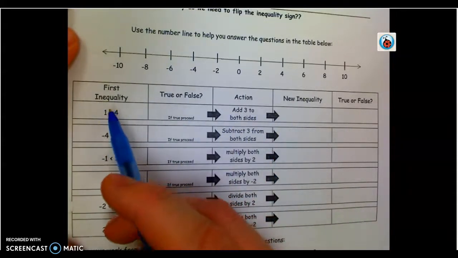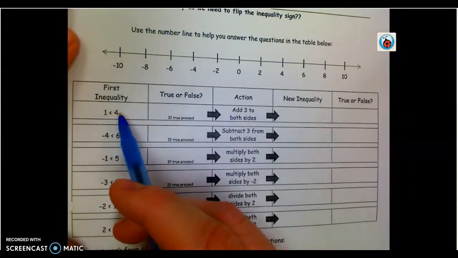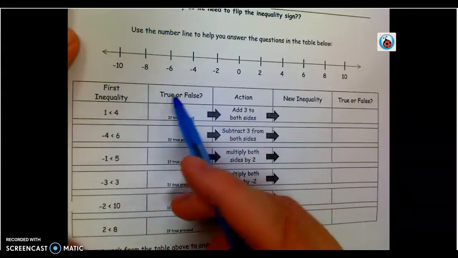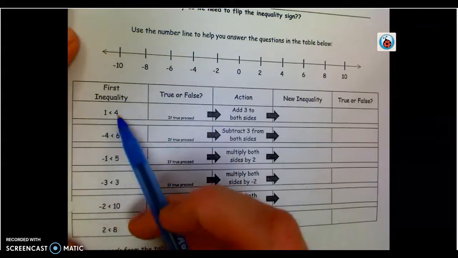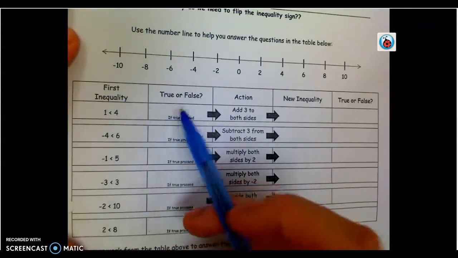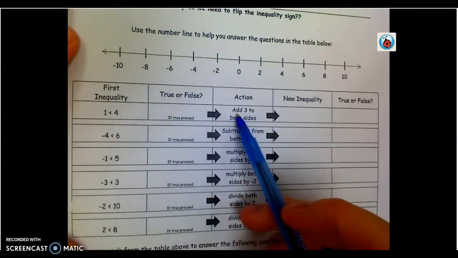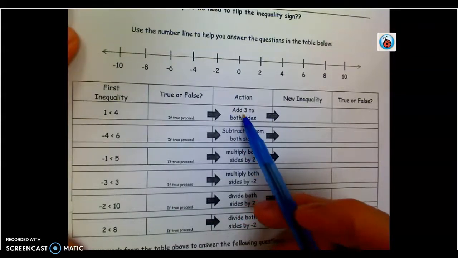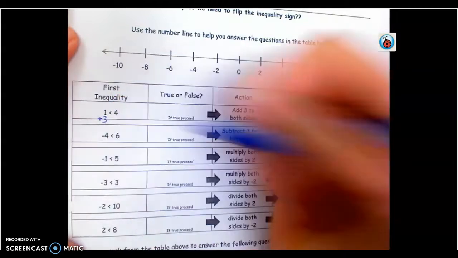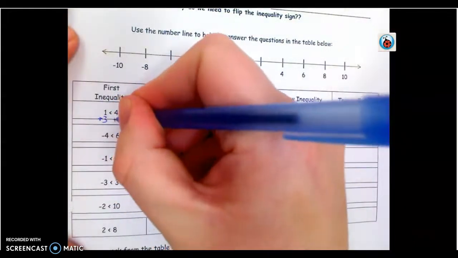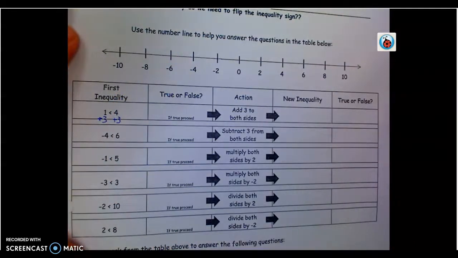So the first inequality here is 1 is less than 4. Is that a true or false statement? If true, proceed. Well, 1 is indeed less than 4, so that's true, so we can proceed. Our action then is to add 3 to both sides, add 3 to one side, add 3 to the other.